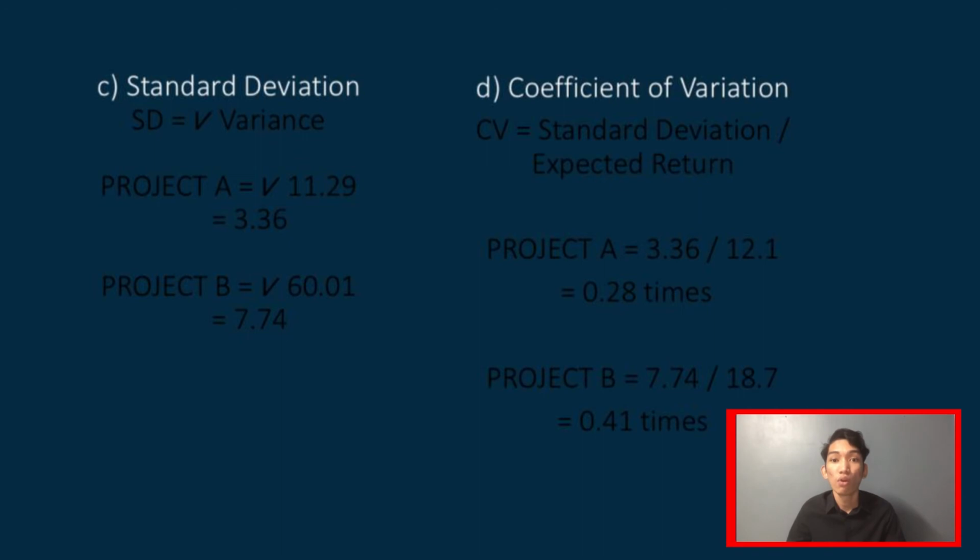The formula for coefficient of variation is standard deviation divided by expected return. For project A, 3.36 divided by 12.1 equals 0.38 times. And for project B, 7.74 divided by 18.7 equals 0.41 times.